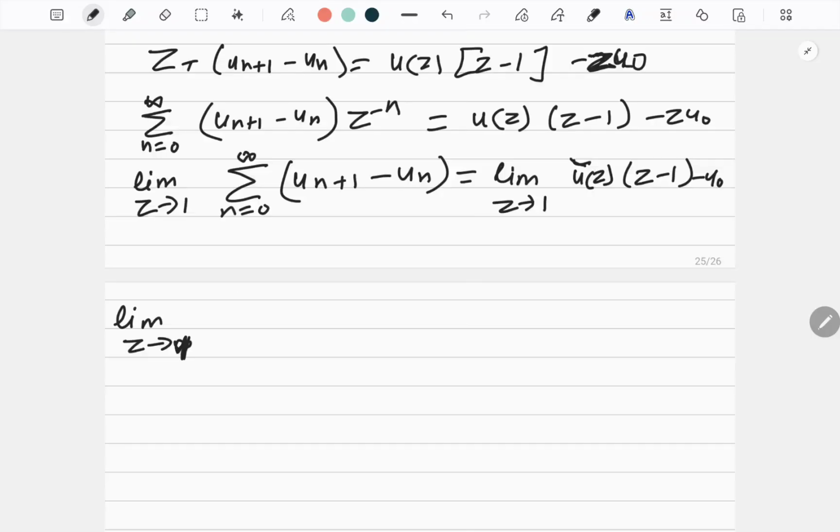If I put n equal to 0, so u1 minus u0. Then n equal to 1, so u2 minus u1. Right? Like this I can open it. Then plus dash dash dash, and suppose the last term is u(m plus 1) minus u(m).